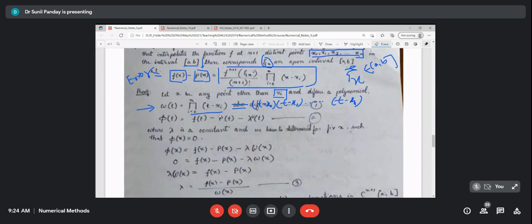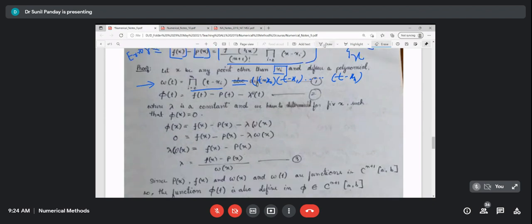In summation we have plus between the terms, whereas in the product symbol we have products between the terms. The first term, when i equals 0, is t minus x naught, then t minus x1 is the second term, and t minus xn is the last term, and we multiply all these terms.